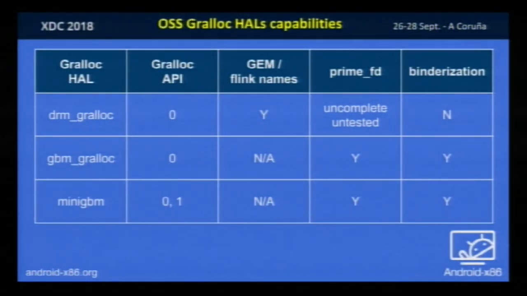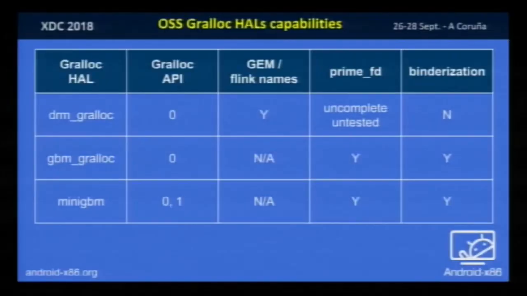Then regarding prime FD, it was on the roadmap to become able to support prime file descriptors, but it is incomplete and untested, and at the moment is not working. And it does not have support for binderization, which is a feature that was added.